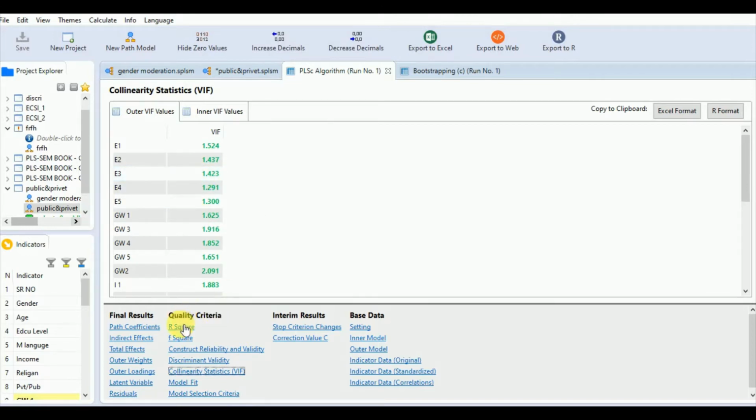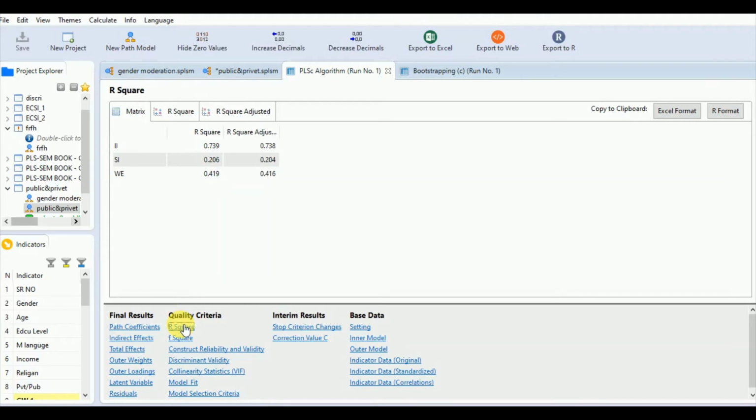constructs. Let's find out. The R-square measures the variance which is explained in each of the endogenous constructs and is therefore a measure of the model's explanatory power, as per Shmueli and Koppius 2011. The R-square is also referred to as in-sample predictive power, as per Rigdon 2012.